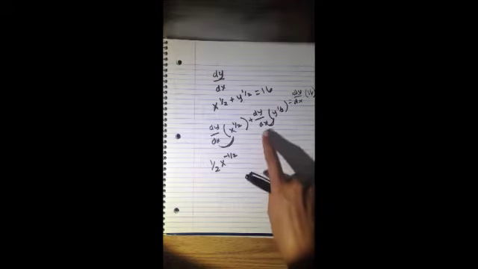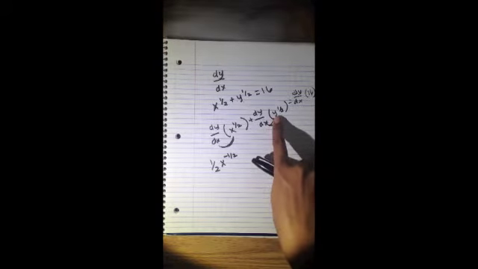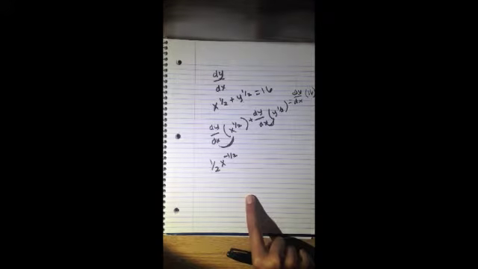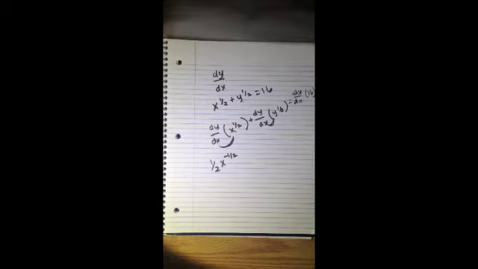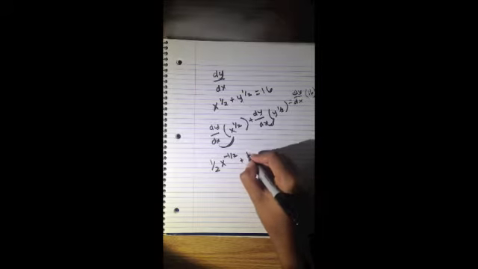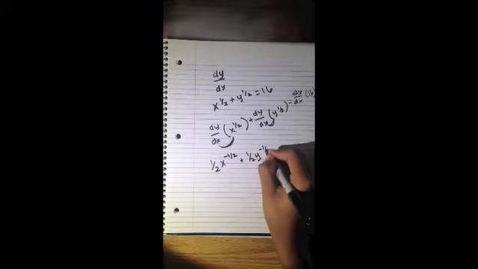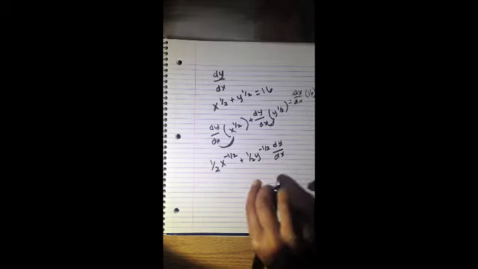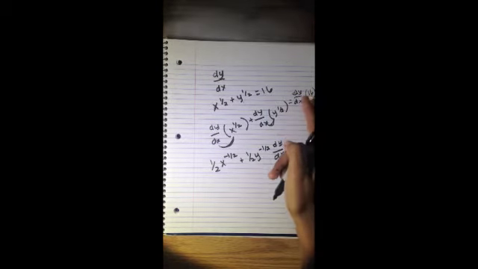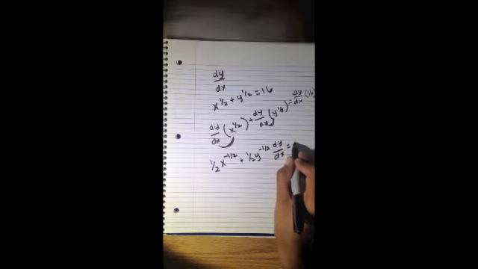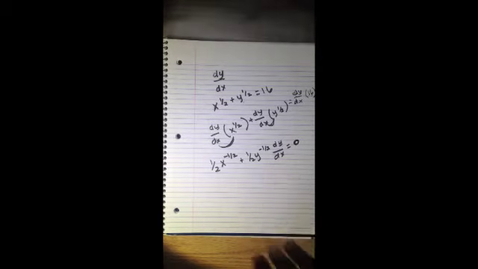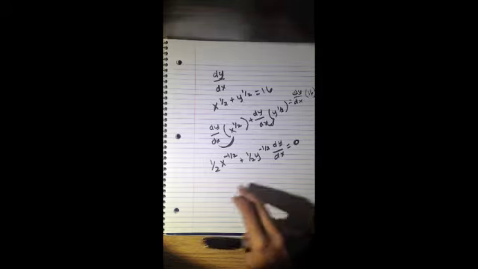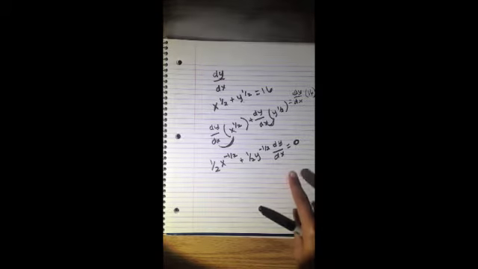When the variables don't agree, so this is an x and this is a y, you're going to have to use the chain rule. So what you're going to get here is 1/2 y to the negative 1/2 times dy dx. And using the constant rule, the derivative of any constant is 0, so this equals 0. In this step, I used the power, chain, and constant rules to come up with this line.